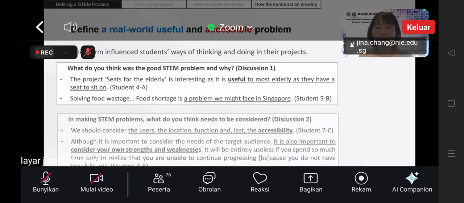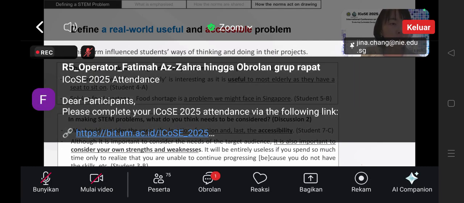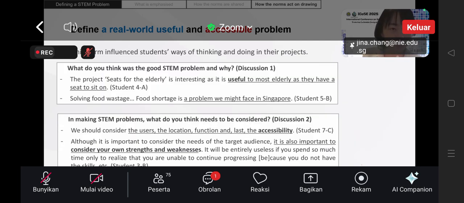At the same time, they need to consider the accessibility of the problem. So they said that in creating the problem, they need to consider the users, location, functions, and accessibility.